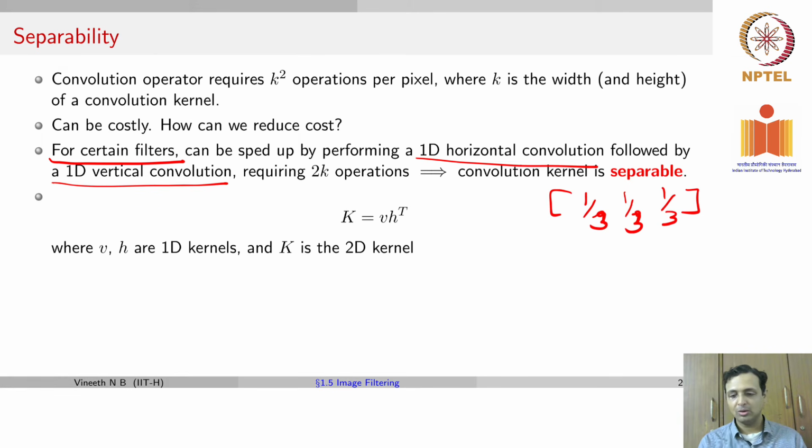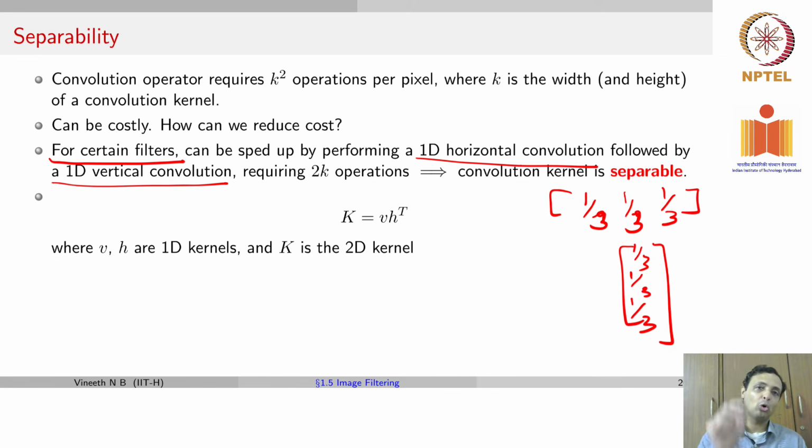Similarly, a vertical filter would be 1 by 3, 1 by 3, 1 by 3. And we can perform exactly the convolution operation that we discussed. We still have to double flip and then do it only along every row of an image or only along every column of an image.